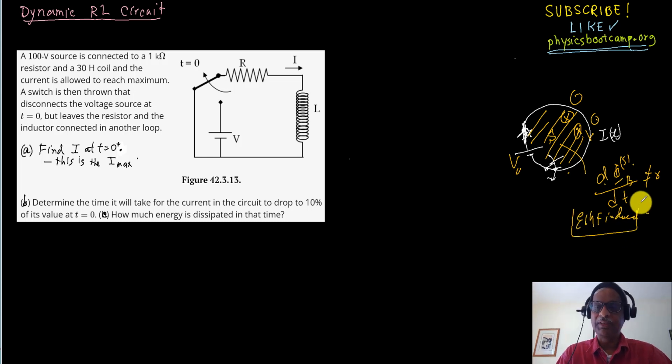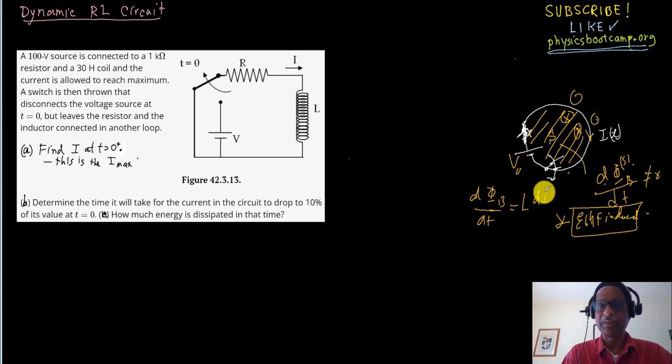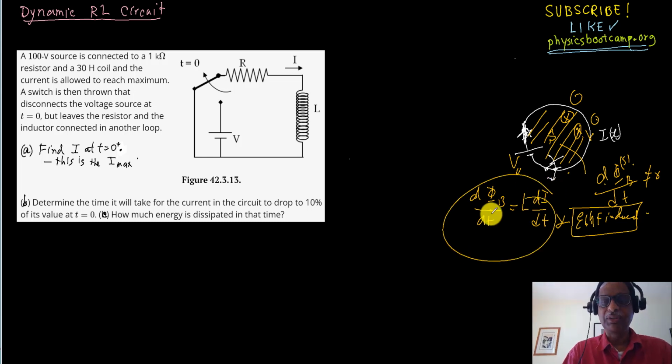and to take into account this induced EMF, you can say, well, the circuit has some inductor, so what's the EMF induced? So d phi B dt, that's equal to L times di dt in the circuit.